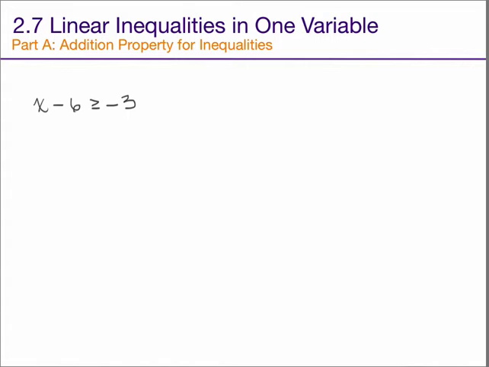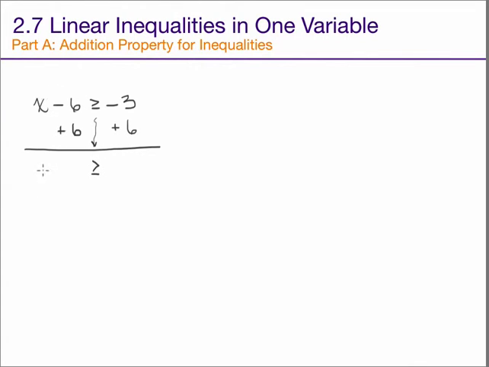Here's another example. If this had been an equal sign, I wouldn't have hesitated to say, just add 6 to both sides. Well, because of the addition property of inequalities, I can do just that, except that instead of dropping down the equal sign, I'm dropping down my inequality symbol.